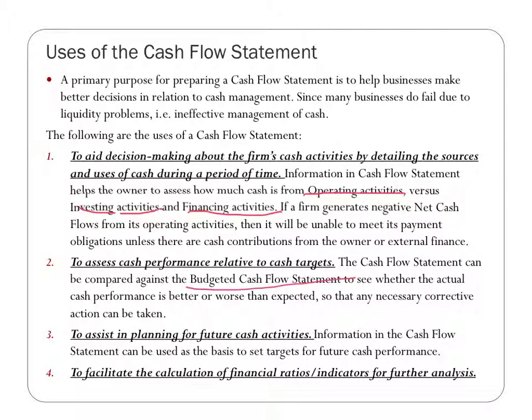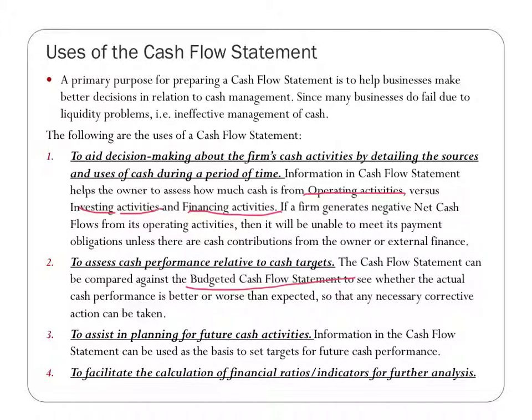The actual statement is compared against the budgeted one to see whether the actual cash performance is better or worse than expected, so that any necessary corrective action can be taken. From a strategic point of view, the business can think about whether it needs to adopt any corrective action to help it better manage its cash.